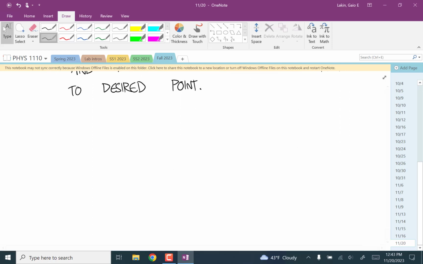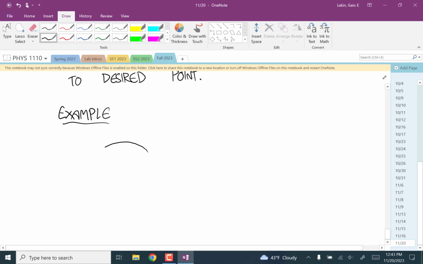Okay, let's do a calculation with those. So now let's say our rigid body is like a wheel, a circle, and it rotates around the center. And let's say we have 2 points. Let's have one be midpoint between the about point and the top.